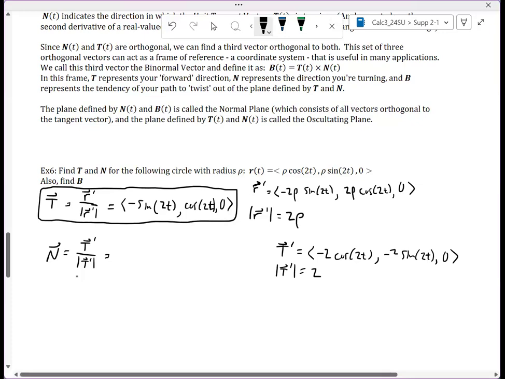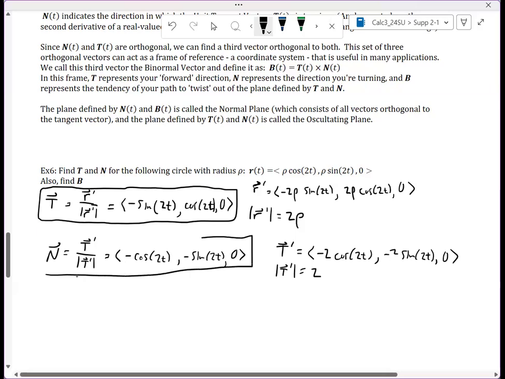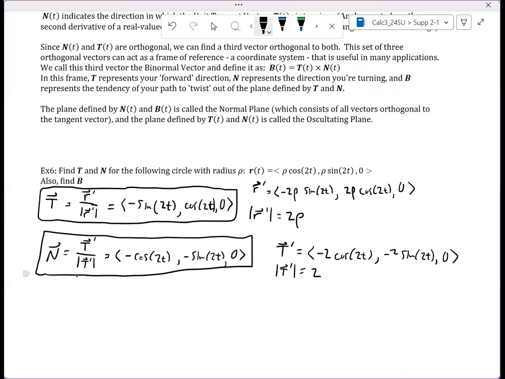That's going to be 2. So T prime over length T prime is going to be negative cos of 2t, negative sine of 2t, 0. And that is my unit normal vector.